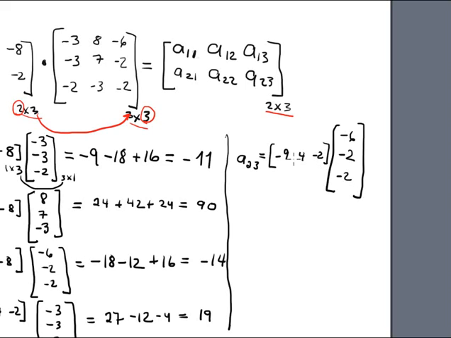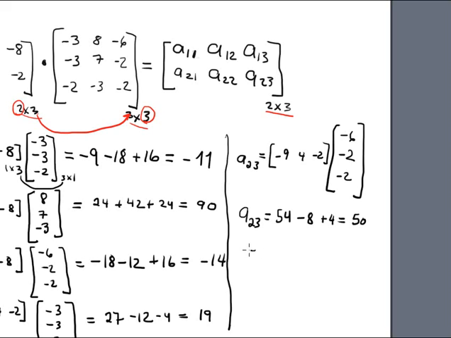Then when you multiply, negative 9 and negative 6 is 54, then negative 8 and positive 4. The answer is 50.